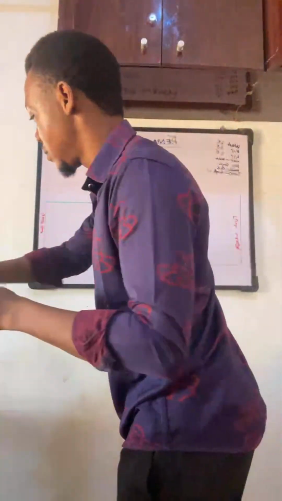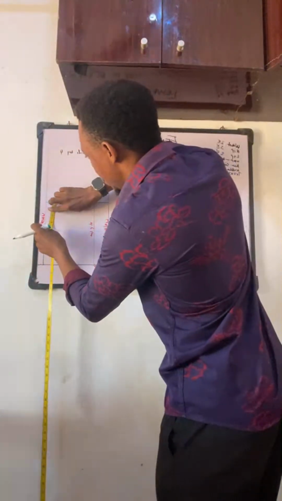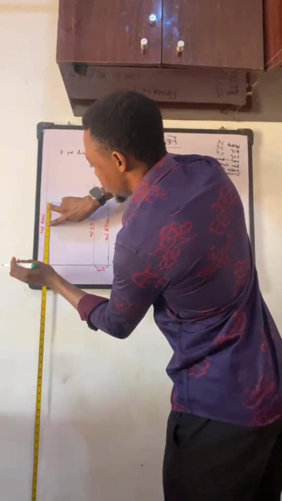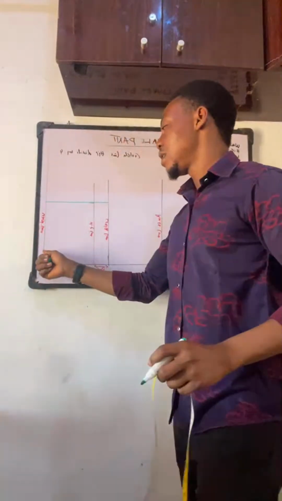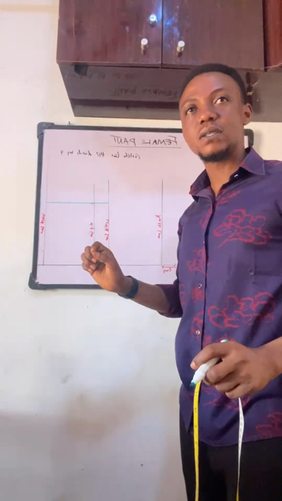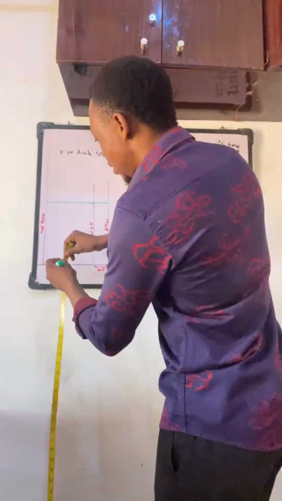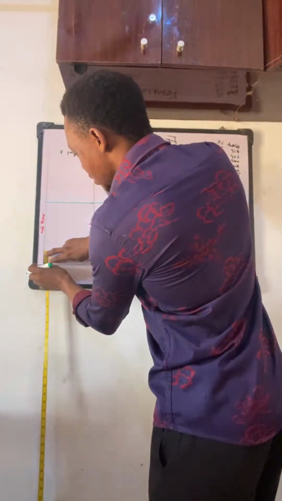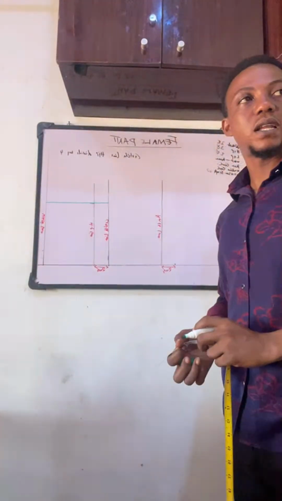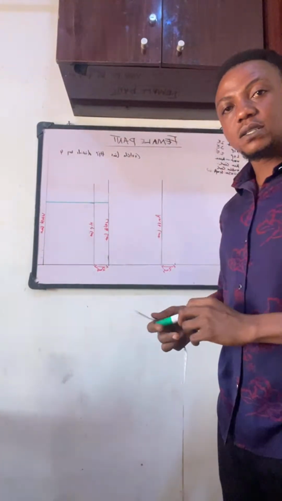From here to this place, you mark your 7. Then after you mark your 7, you add 1 inch allowance. Do we understand now? You add 1 inch allowance.